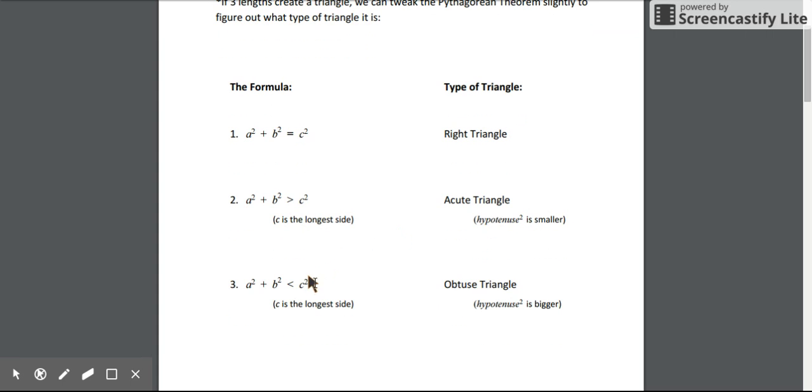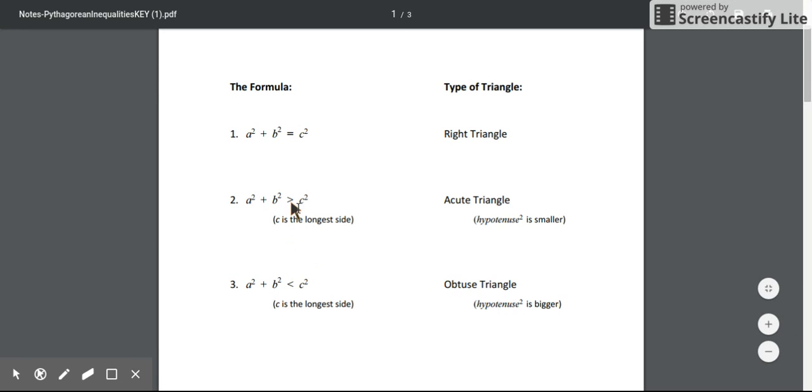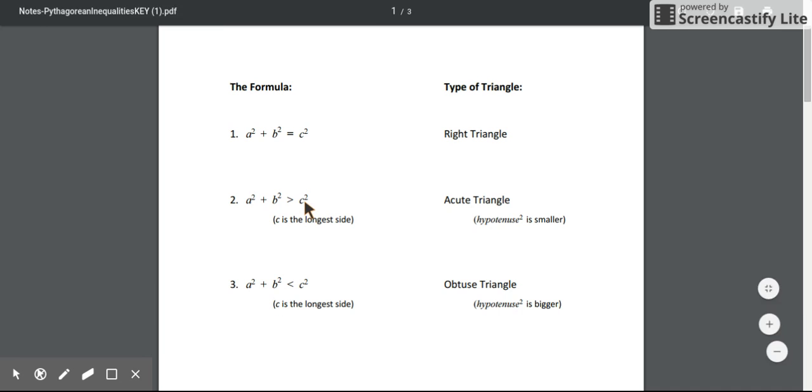And one last time, if we do the exact same thing, but this time we square the longest side and it turns out to be bigger than the sum of the squares of the two smaller sides, then that's an obtuse triangle. Sometimes these get confused and flipped. So the way to keep it straight is always take a look at the right side here. Always compare the longest side squared.